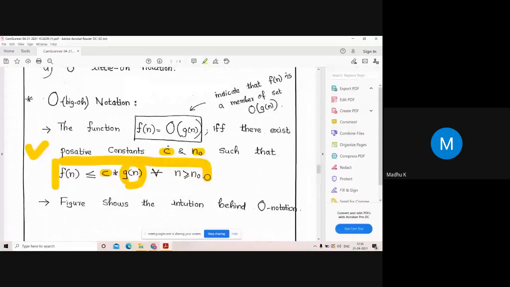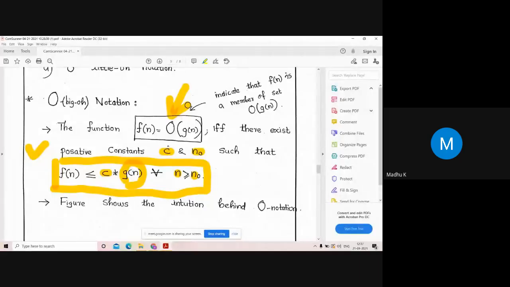Then for all n greater than or equal to n0, f of n is at most c into g of n. So this is the definition of big O notation.